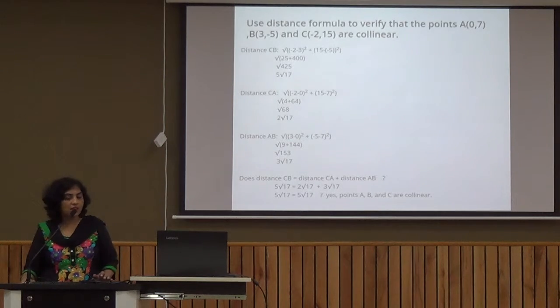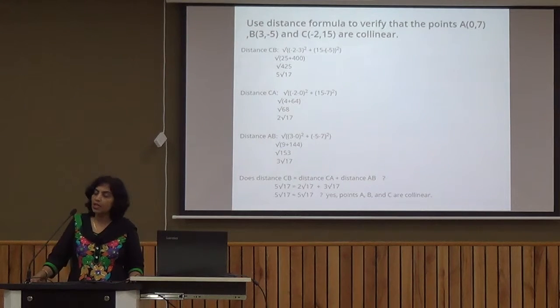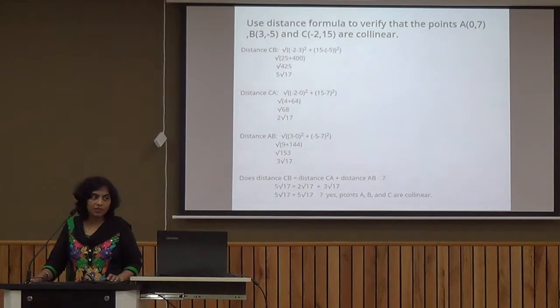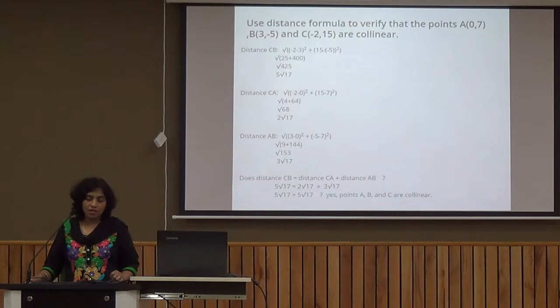So let's see an example. Use the distance formula to verify that the points A (0, 7), B (3, -5) and C (-2, 15) are collinear. We first calculate the distance CB, which comes out to be 5 root 17. Then we calculate the distance CA, which is 2 root 17, and then the distance AB, which is 3 root 17.